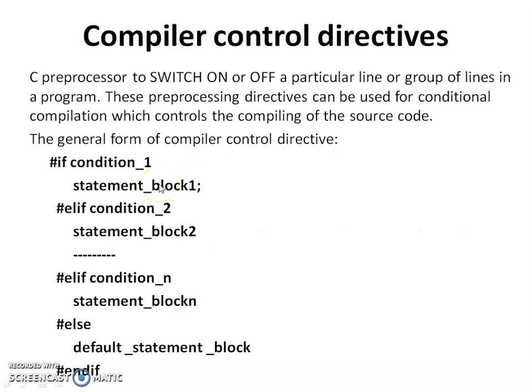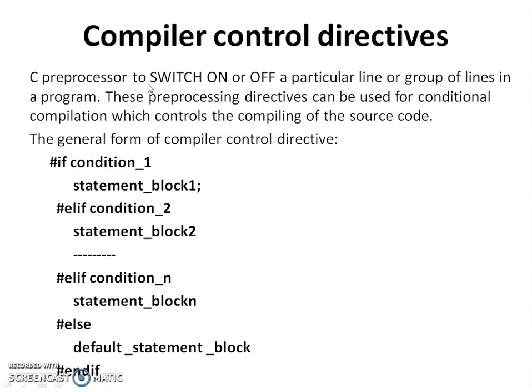Then moving to the last preprocessor directives, the compiler control directives. As we have mentioned, compiler control directives are the conditional ones. Before we talk about them, I would like to say that these statements can be used as a part of the main program, or they can be defined before the main program also.